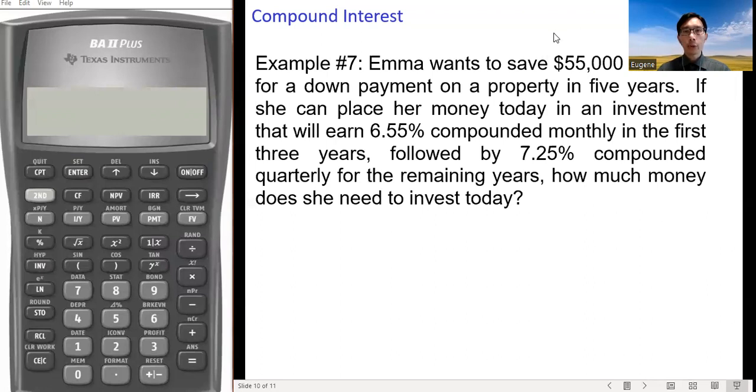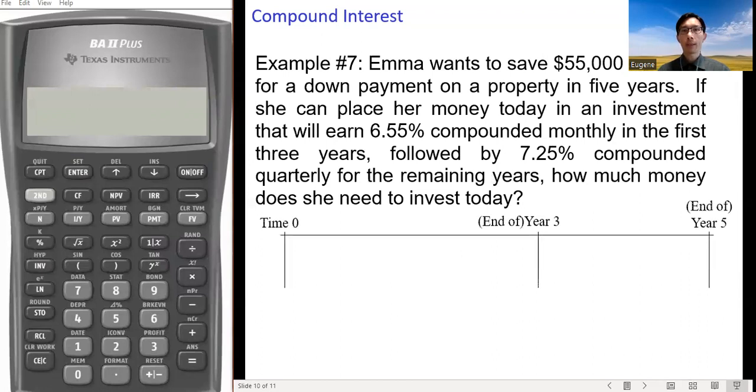Again, the interest rate is not constant. Let's construct the timeline: time 0, and then the end of year 3, and then the end of year 5. The $55,000 is the amount Emma wants by the end of year 5. So we start from this time point.